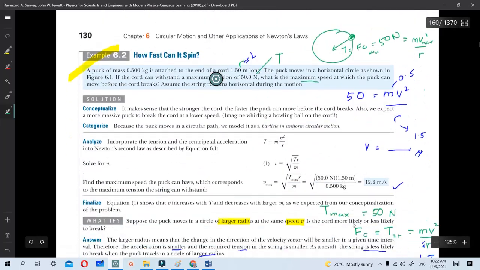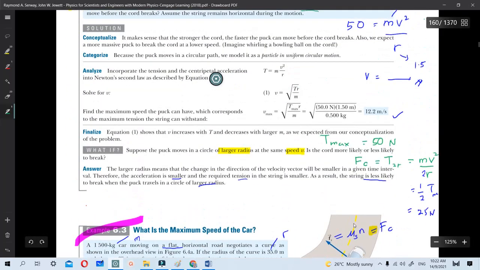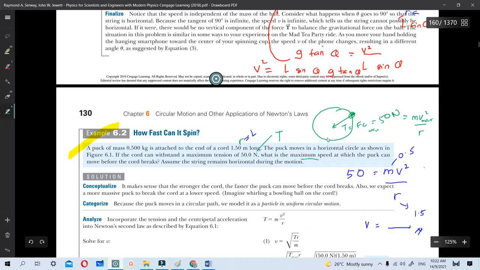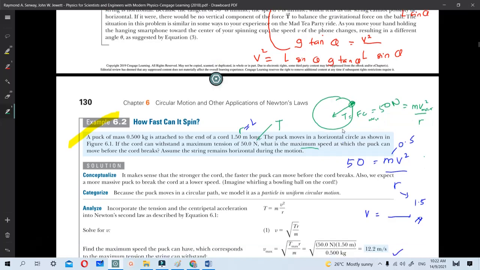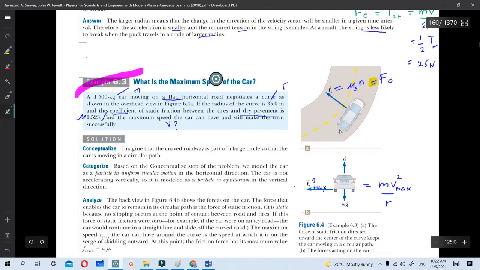Number two, in the case of a hockey puck, there is just one single force towards the center, which is the tension, and therefore tension is the centripetal force. And finally, in the car negotiating turns, the ability to rotate is because there is static friction, the gripping of the tyre on the road.